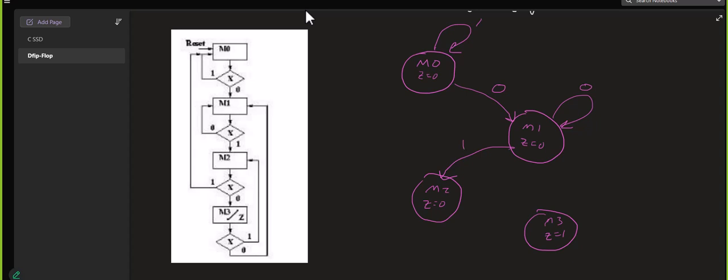And from M2, if X is 0, I go to M3. And if X is 1, I go back to M0. And from M3, if X is 1, I go to M2. And if X is 0, I go to M1.